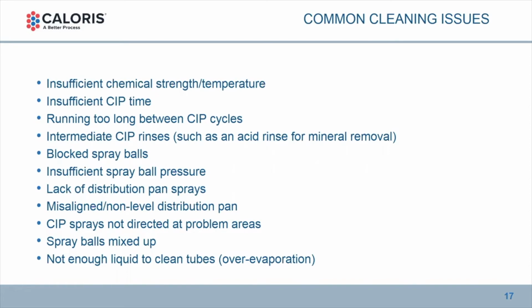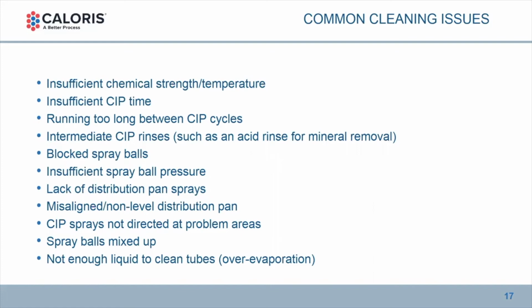What are some common CIP cleaning issues? Insufficient chemical strength. If you don't have proper chemical strength or temperature, you're just not getting all those deposits off the heat transfer surface. Or insufficient time. Somebody's been tweaking the CIP cycle times in order to maximize production time.